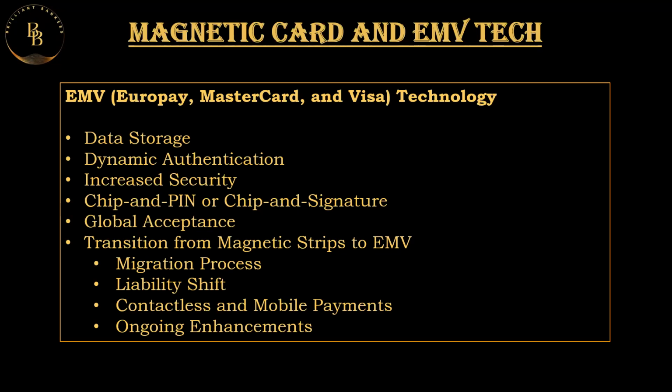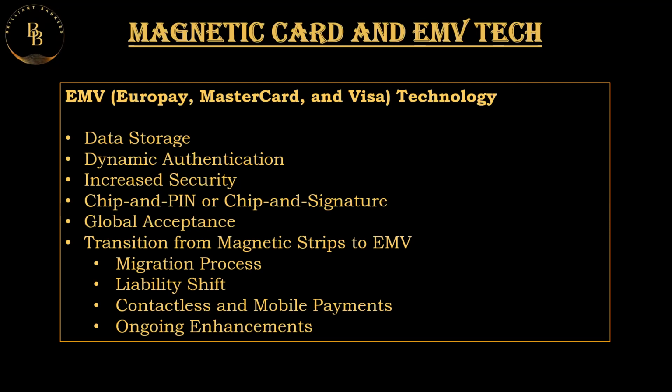The contactless and the mobile payment systems. EMV technology has also paved the way for contactless payments, allowing users to tap their cards or mobile devices for quick and secure transactions. And also the advancements in the EMV technology, which continues to evolve with the ongoing efforts to improve the security and address the emerging threats.